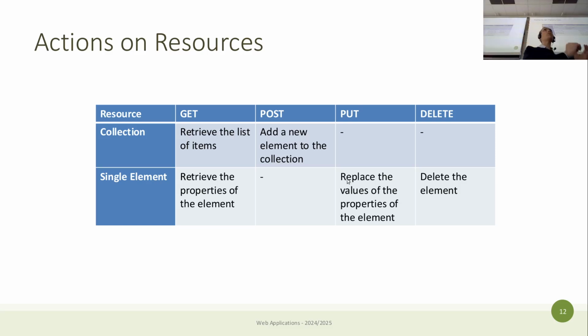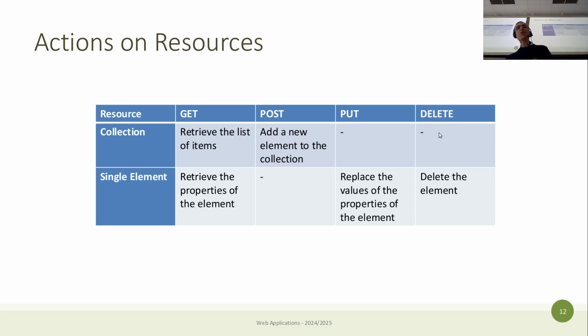So we typically do put on, let's say, courses slash a course code. We update some information about a user, okay, on a specific user characterized by an ID, okay? Put slash user slash 123, okay? And we update the address, home address, okay?